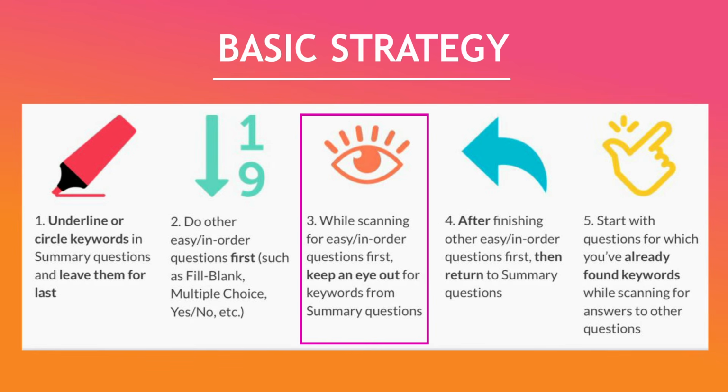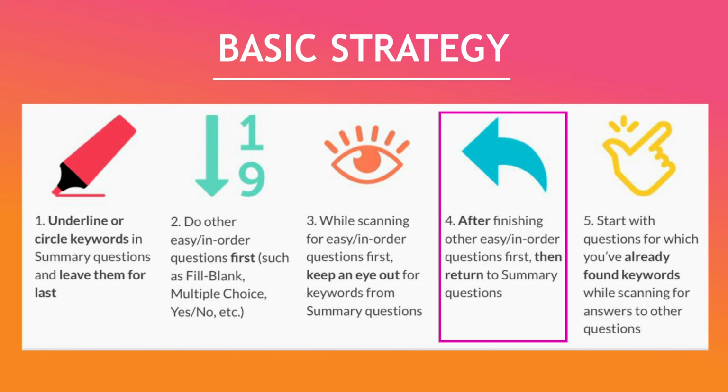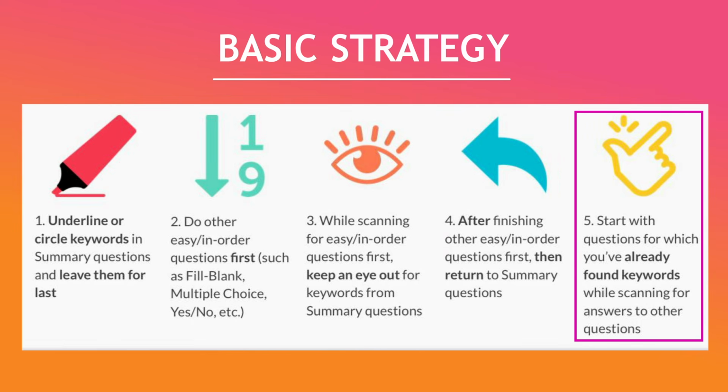While scanning for those easy questions, we keep an eye out for keywords from the summary question. After finishing the other questions, we return to the summary questions, and we start with the questions for which we have already found our keywords while scanning for answers to other questions. All right, so this is much better, and it really works.